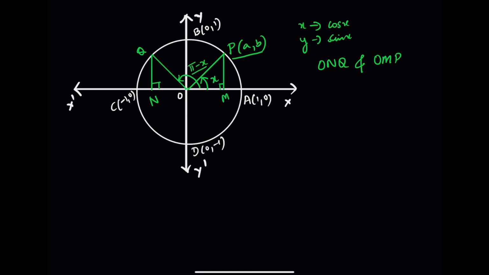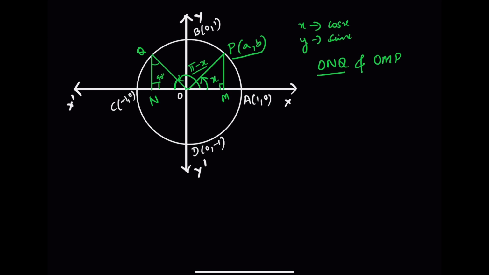Now let's try to find all the angles in triangle ONQ. What are the angles that are available? One is QON, which is one of the angles we have to find. This is already 90 degrees and this is the third angle.